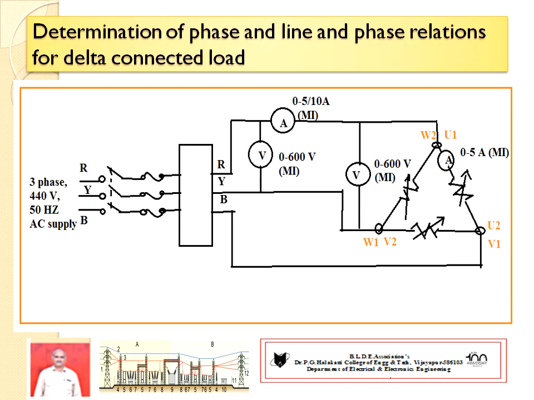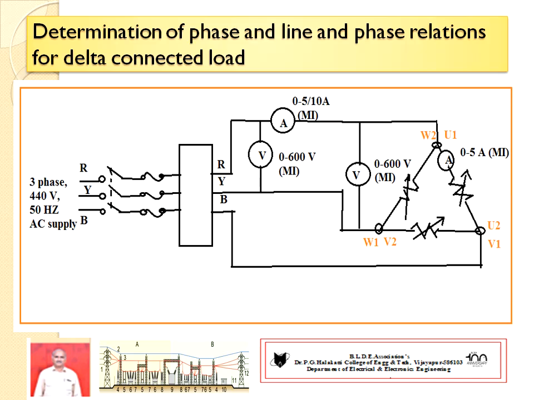In a similar fashion, for the delta connection, we again take the output from the three-phase rheostat: R line, Y line, B line. First you connect the load in delta fashion. Starting with point U1 and U2, there is a load.